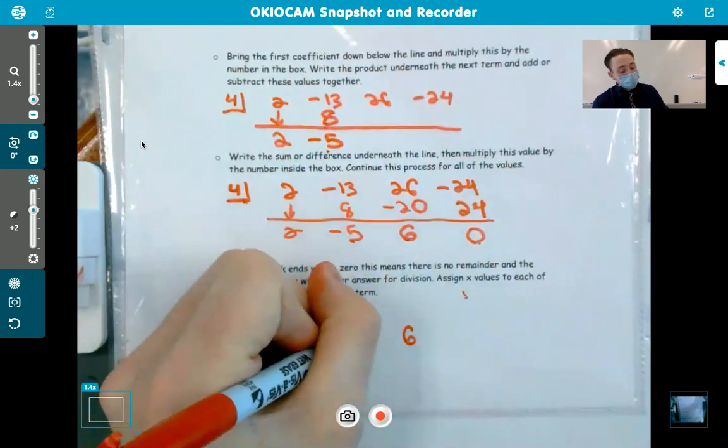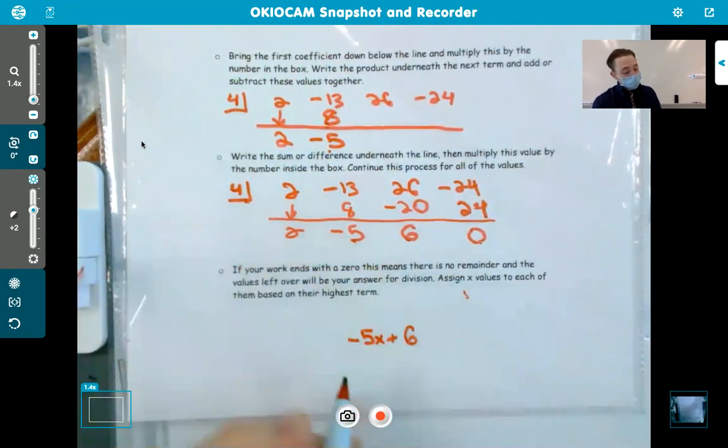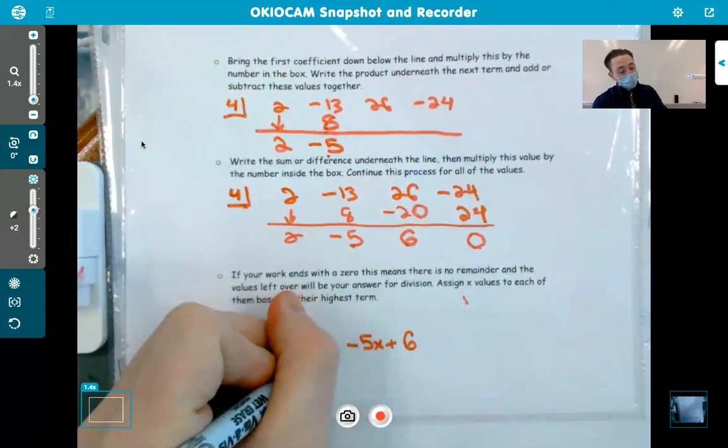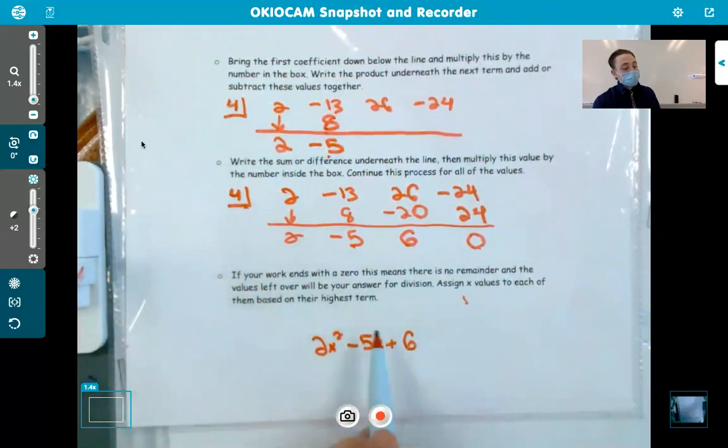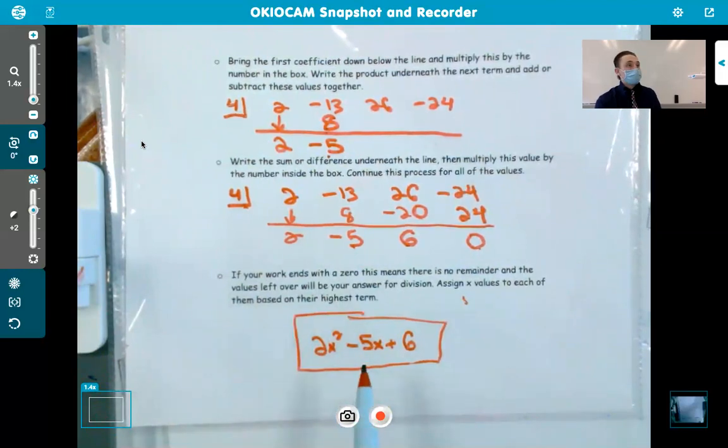So your next highest variable would be negative 5x. What would be your next highest variable after x? Instead of x to the first, it would be x squared. So it would be 2x squared minus 5x plus 6. This here is your final answer.